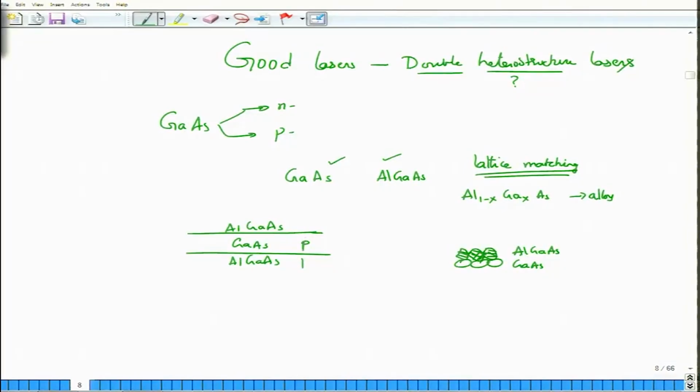I have to distinguish between two types of P and two types of N. So I am going to call this P, a capital letter, and I will use a small letter for the other, and then I have an N type material. These materials have a larger band gap, whereas this material has a smaller band gap.